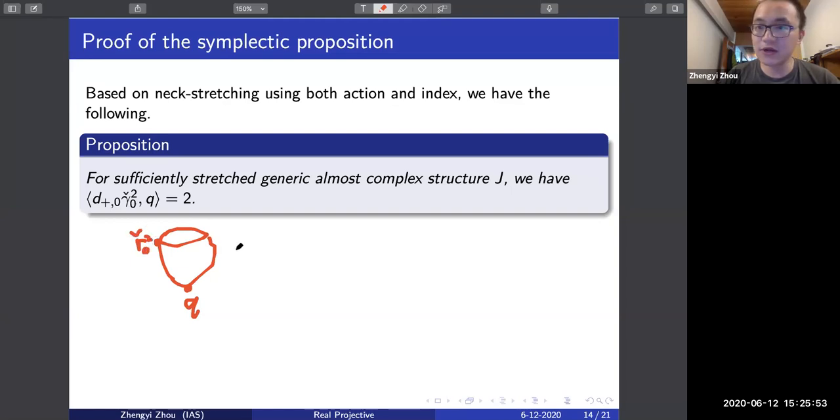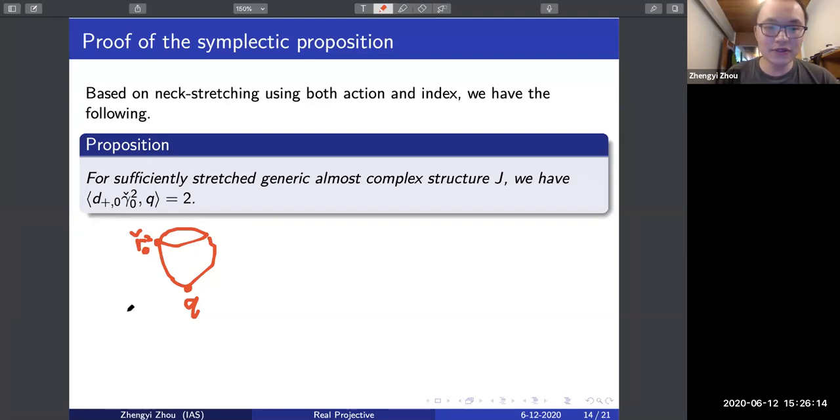The typical one will look like this because it's from a check orbit, so all these flow lines are flowing towards check. So there's this kind of reduced point constraint, and here you have the point constraint Q. You might have multiple levels, but for simplicity, let's just consider a simple one-level holomorphic map.